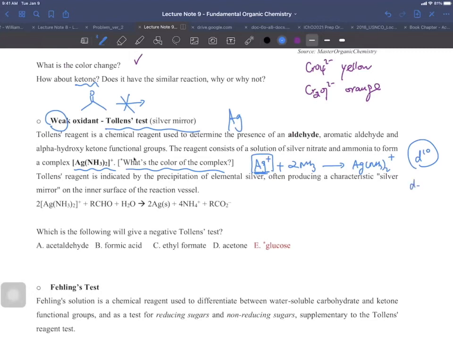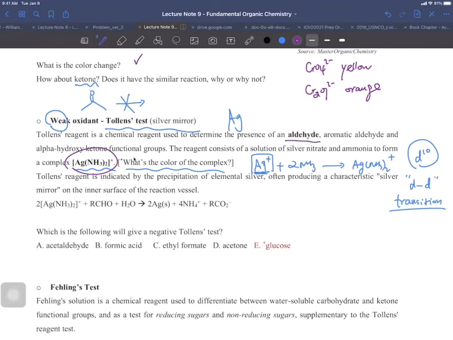So there's no d-d transition. This is why it is colorless. If you have never heard about the d-d transition, no worry, you can do some research first. We'll discuss this in season 3 when we explain all of the hard, challenging, and advanced problems in the USNCO locals. Okay, so the oxidant is a +1 silver in the form of a complex.